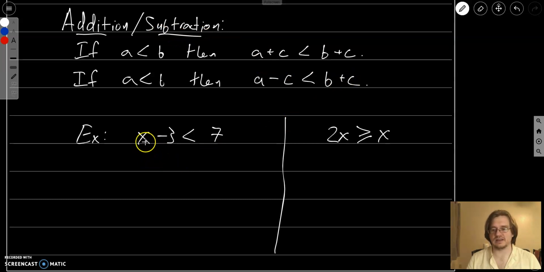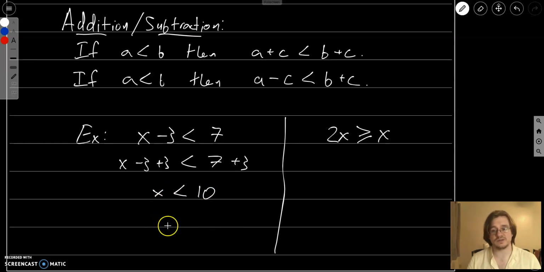So for instance, if I have x minus 3 is less than 7, if I want to figure out how to describe x here, I would want to maybe add 3 to both sides to get rid of the minus 3 here. So if I take x minus 3 plus 3, and then I take 7 plus 3, these will cancel out, and I'll have x is less than 10.